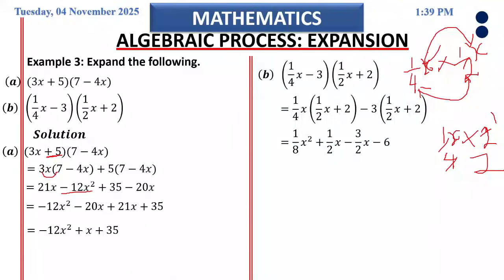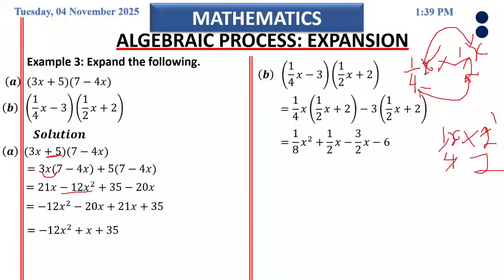And the next one, minus 3 times 1 over 2x. What you simply do is multiply the minus 3 by that, to give you minus 3 over 2x. And that still goes for minus 3 times 2. So minus 3 times 2 will give us minus 6.